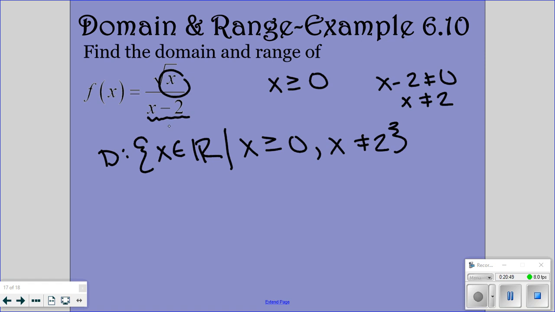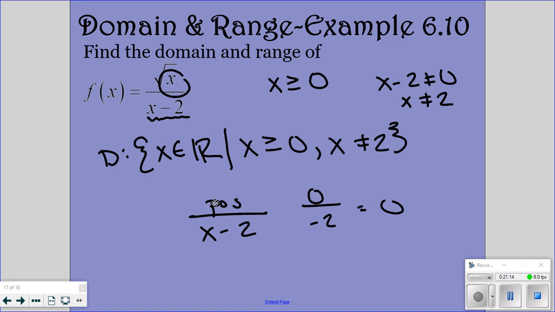For the range, we only get positive numbers up here. So we're going to have positives. And then we have x minus 2. So if I plug in 0 here, 0 minus 2 gives me negative 2. So 0 divided by negative 2 is 0. So I got 0, that worked.